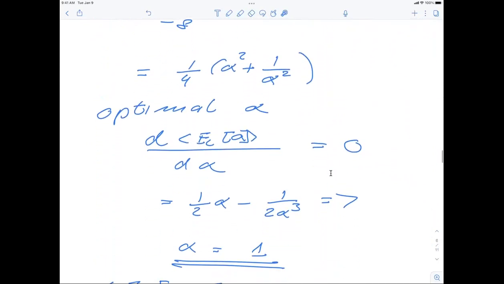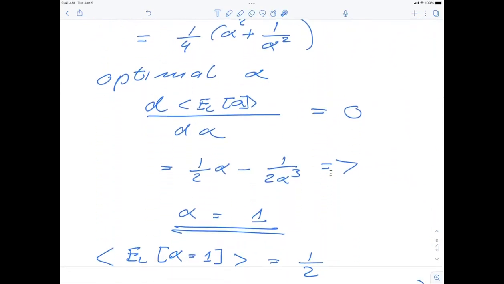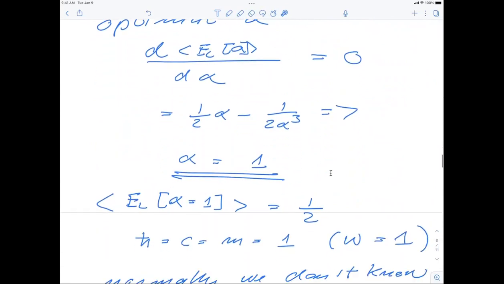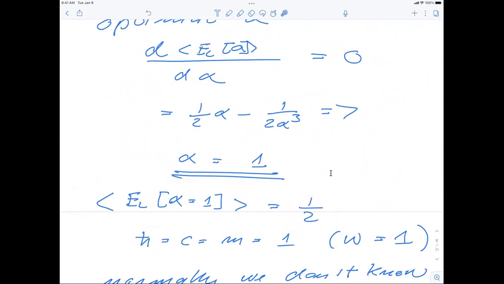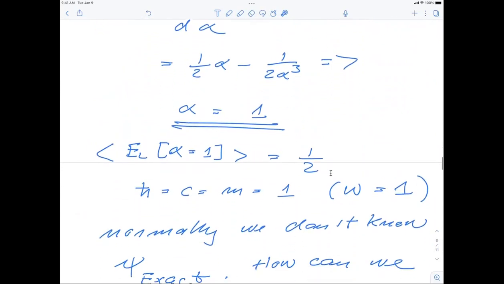With that, we have an expression for the optimal parameter, which gives alpha equal to 1, and that gives us an energy which corresponds to what we would expect from the analytical result when we put the different units, different constants, h bar, speed of light, the mass of the particles equal to 1. And this is something which allows us to have a good benchmark of the calculations here.